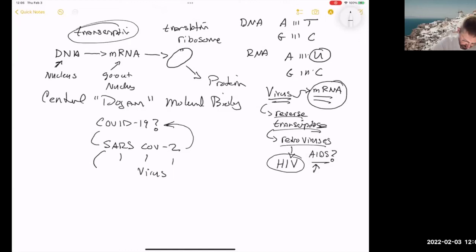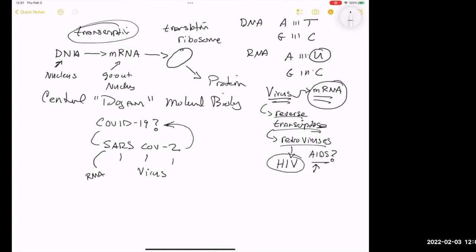Coronaviruses are RNA viruses, but they use a different enzyme. They do not use reverse transcriptase. They use a different enzyme. So they can do a similar thing to retroviruses. They just don't use the reverse transcriptase enzyme. Does that make sense? You guys okay with that? Yes, makes sense. Okay, cool.